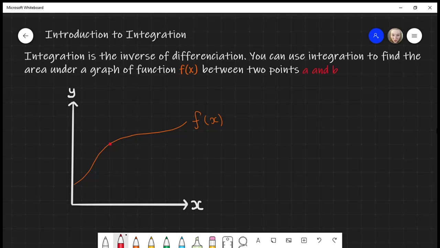Say I had a point, I'm going to label this point A. Now a second point, which I will label point B. Usually, to find the area under this graph, most people would draw a line between A and B. Once you've drawn the line, you would usually find the area of this regular shape.